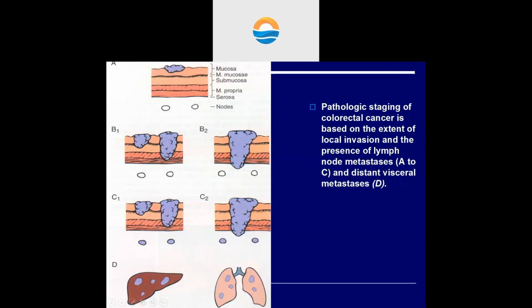Then you see the extent of the invasion, and at the end, at stage C, we see lymph node metastasis, and distant visceral metastasis, so to other organs, in stage D. So step by step we see the growth of the cancer, with local and distant metastasis at the end.